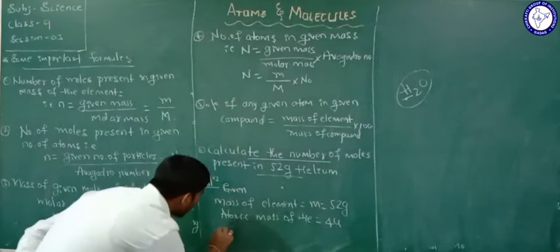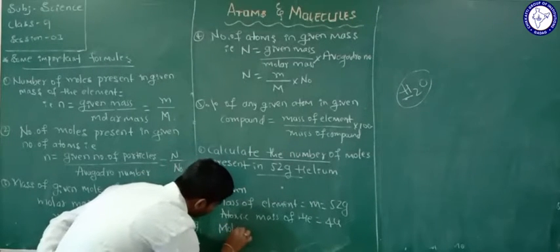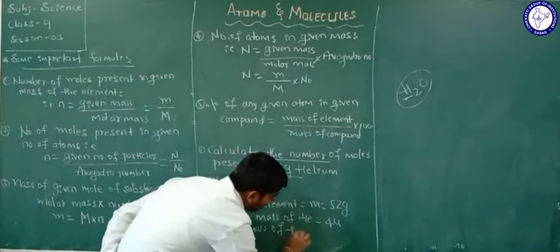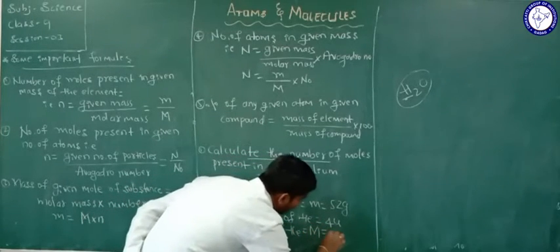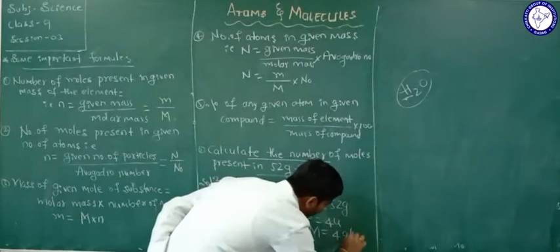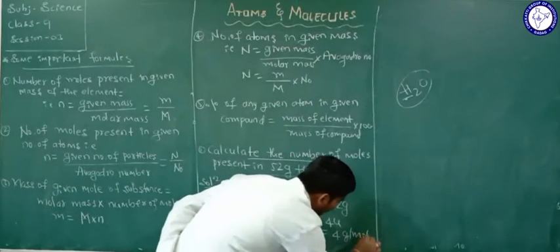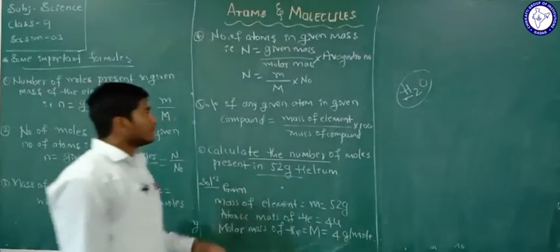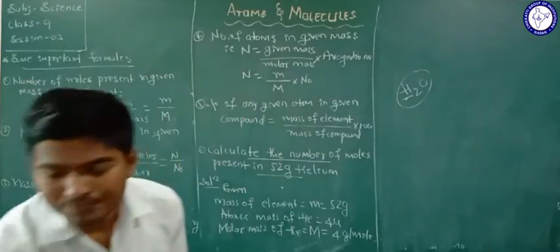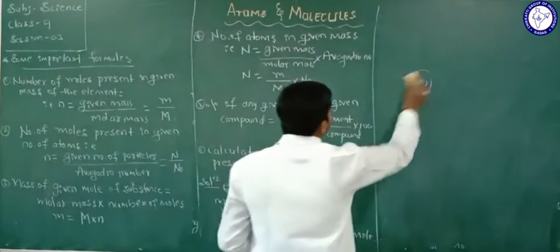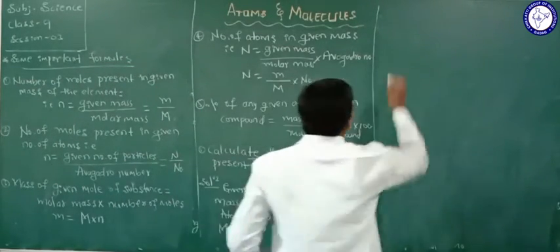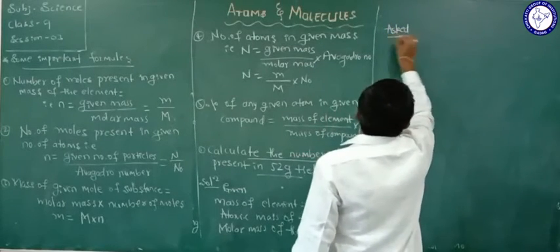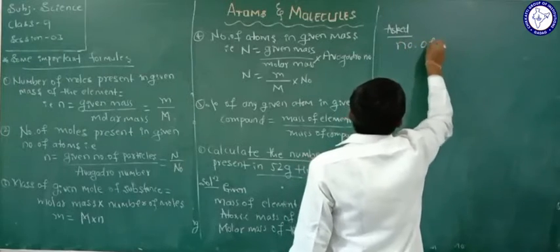Then the molar mass of helium, capital M, is equal to 4 grams per mole. But what they asked here is the number of moles present in 52 gram of helium.